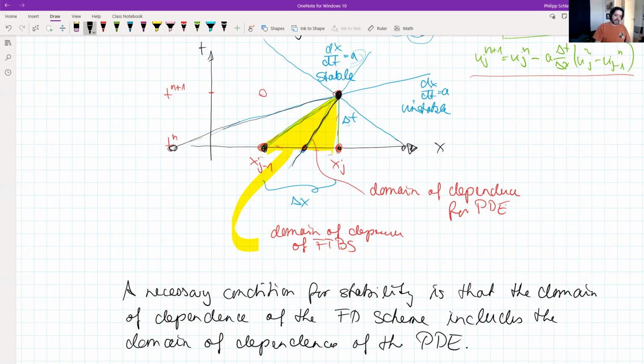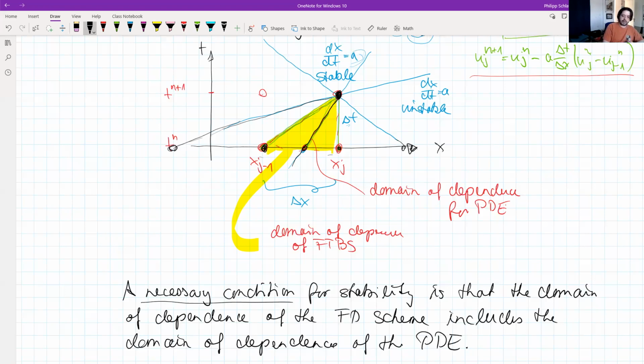Okay, so that means that an intuitive definition for stability is that the domain of dependence of the finite difference scheme is bigger. And as I said, this makes sense. Everything else would not be possible. Now, it turns out that this is a necessary condition. It's not sufficient.